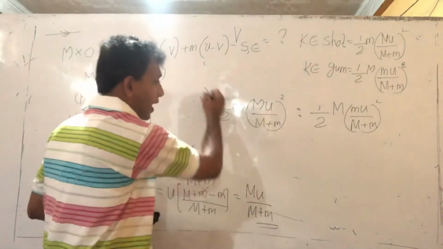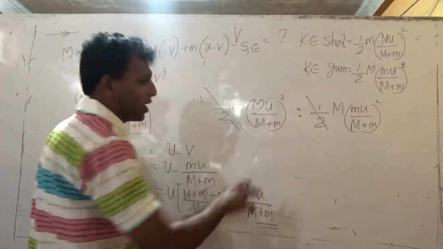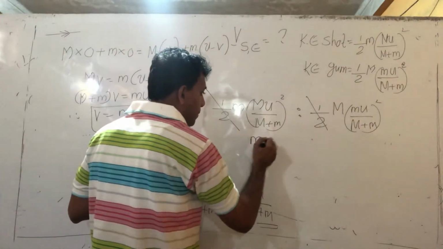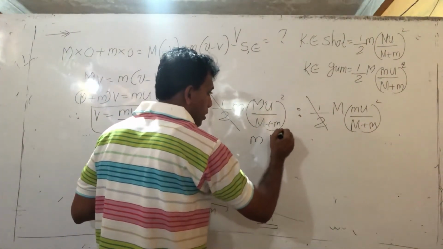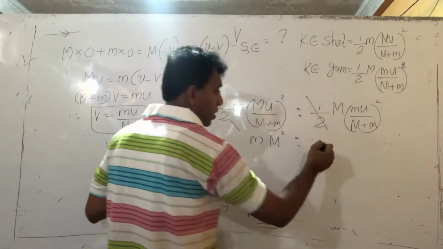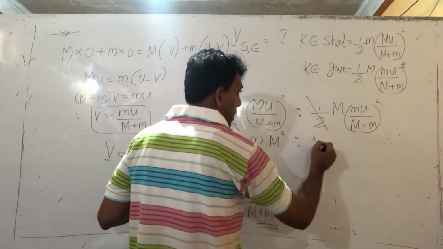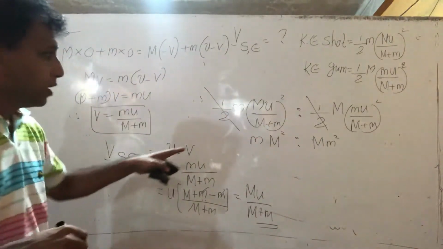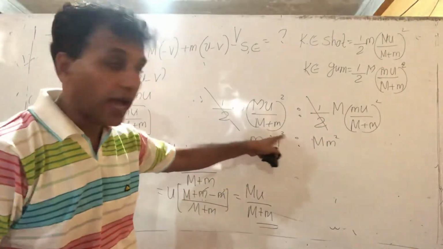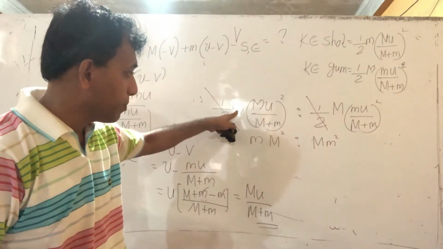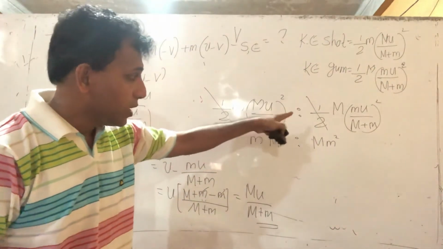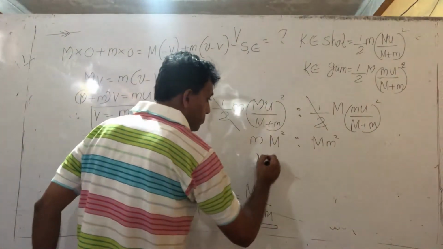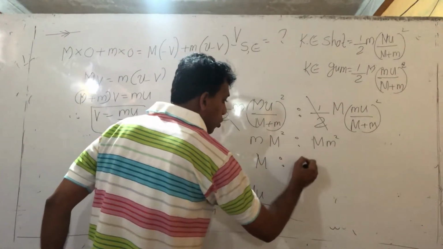Now see, half cancels, u square cancels, the sum of the masses cancels, but the balance here is small m capital M square, and here capital M small m square. Check, is it okay? Now you can divide by both: capital M is to small m.